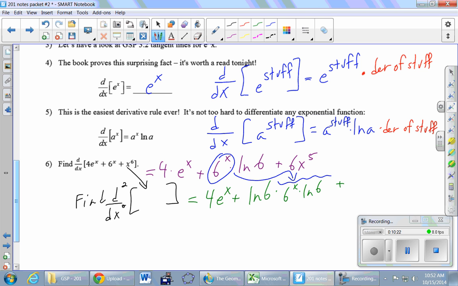And the derivative of 6x to the fifth is 30x to the 4. Good. And so then we'll take Andy's suggestion just to rewrite this piece: 6 to the x, ln of 6 squared. Questions on that?